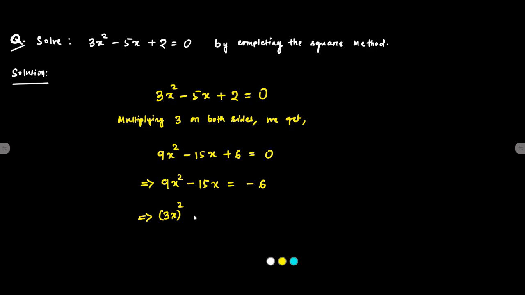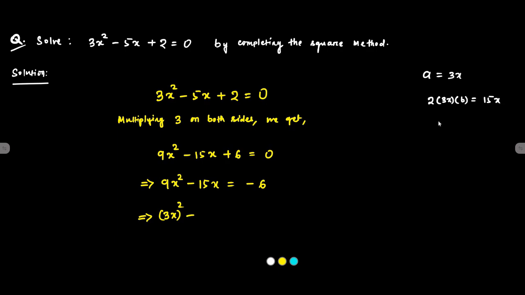Now we have to write this 15x in 2ab format. For a square, a is equal to 3x. Now in 2ab, we have to find b such that 2ab will be equal to 15x. So 2 into 3x into b should be equal to 15x, because a is equal to 3x.